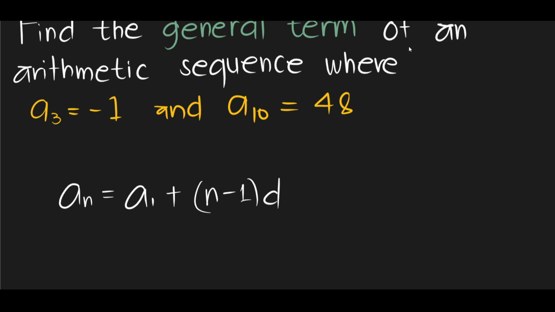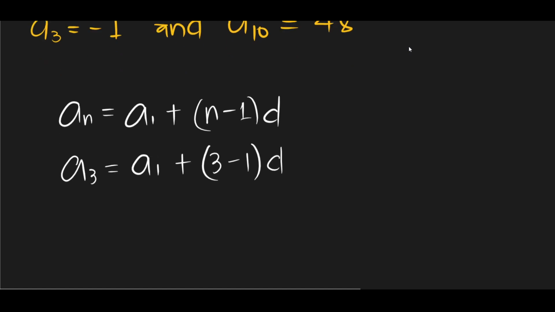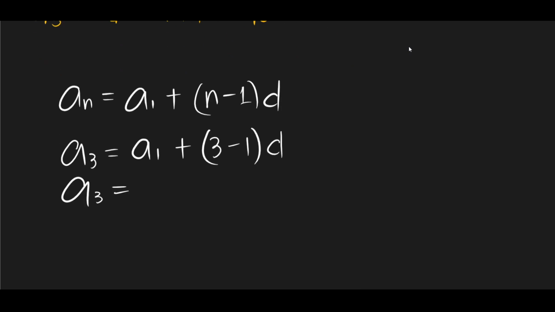Okay, so what we can do is solve this just like solving systems of equations. Let us set up our equations first. So we have a3. a3 is equal to a1 plus (3 minus 1) times d, so a3 is equal to a1 plus 2d, right?